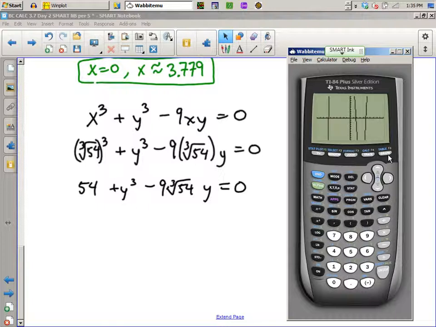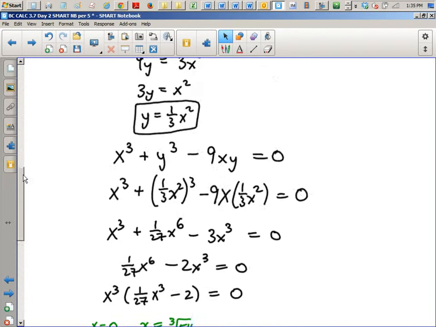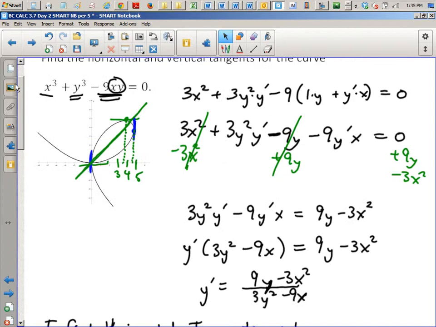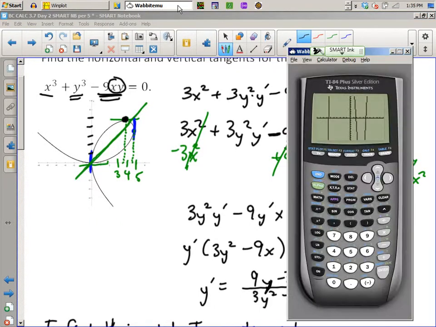Okay, graph. Let's see. I see 3 y values, and my gut feel is that this point right here at the top of this path has an x value between 3 and 4 and a y value between 4 and 5. So I'm going to go back to my calculator screen. First, I'm going to make sure I type that thing right.